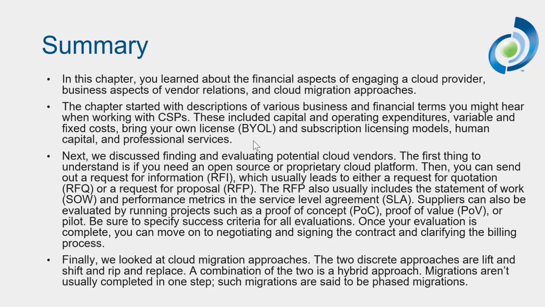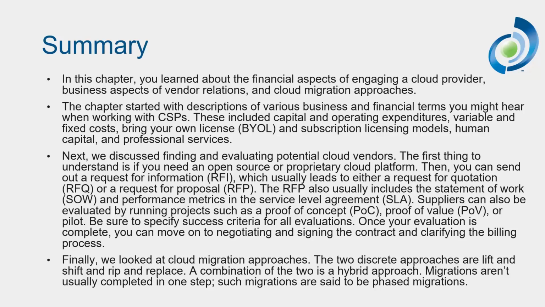Then next, we discuss finding and evaluating potential cloud vendors. The first thing to understand is if you need an open source or proprietary cloud platform. Then you can send out requests for information, RFIs, which usually leads to either a request for quotation or a request for proposal, an RFQ and an RFP. The RFP usually includes a statement of work, the SOW, and performance metrics in the service level agreement, or the SLA.